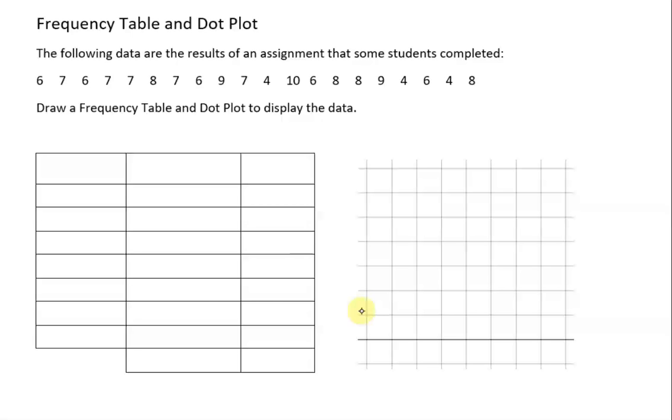On our frequency table, we have three headings at the top. The middle heading is always a tally column, and we use this to help us to tally up the data values. The last column is a frequency column, and we use this column to represent how often or how frequent each score was obtained. Our first column, the title there changes depending on what we're talking about.